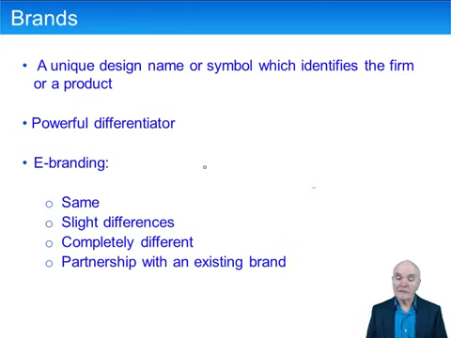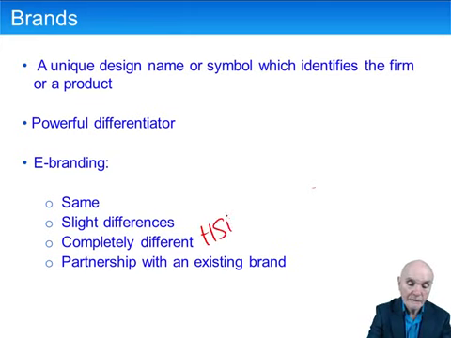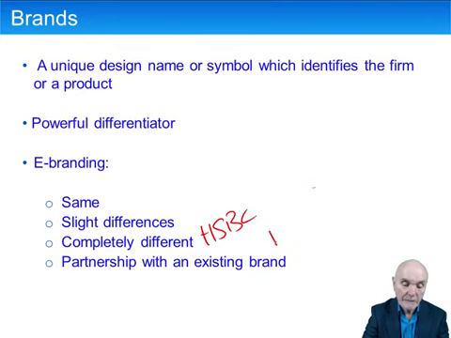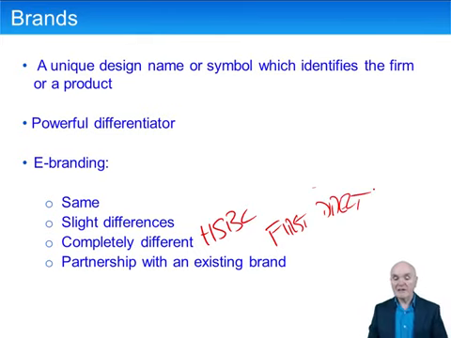It could be completely different. So in the UK we've got HSBC, a conventional bank, and we also have a bank called First Direct, which is part of HSBC, but it has no branches whatsoever.